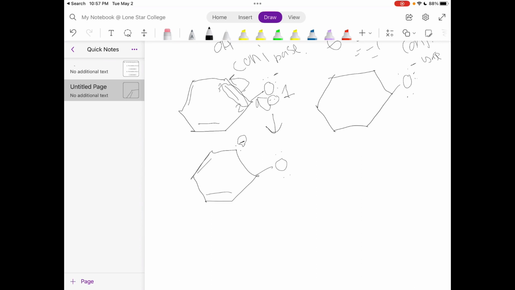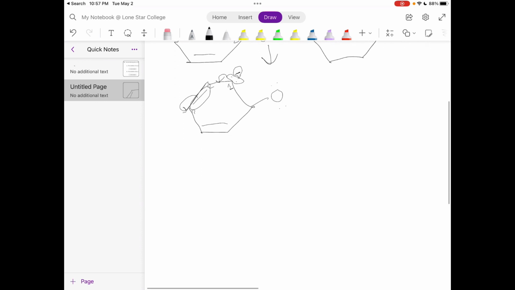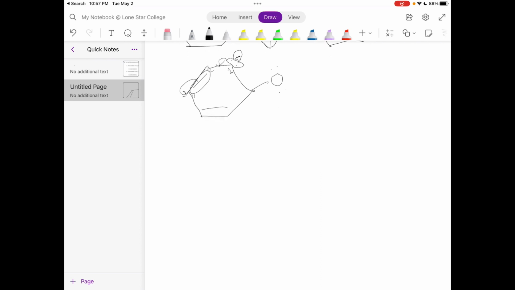I see one more. There is a pi bond right here. Lone pair right here. So 1, 2, 3. This moves right here. And this moves right here. Let me show you what that looks like. God, I'm so bad at drawing on here, it's not even funny.